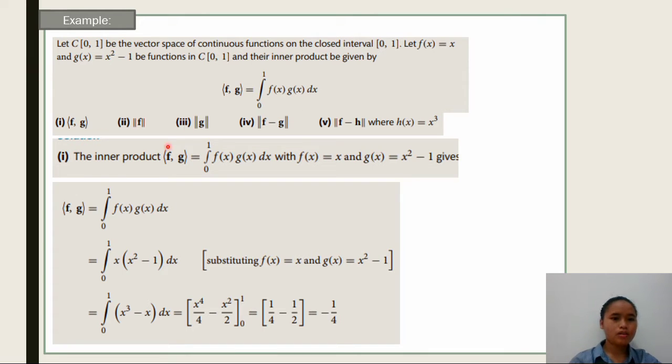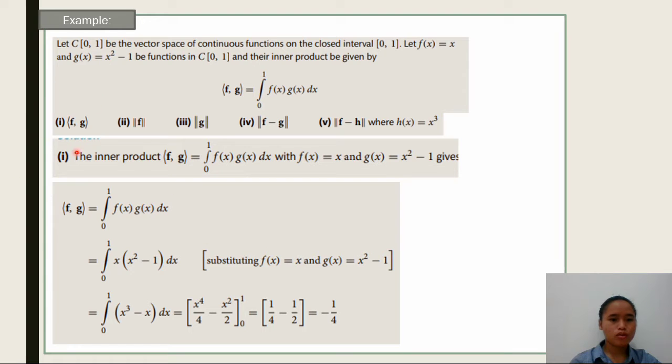Okay, we have an example. From the example we now consider the interval 0 to 1, and we have the formula.